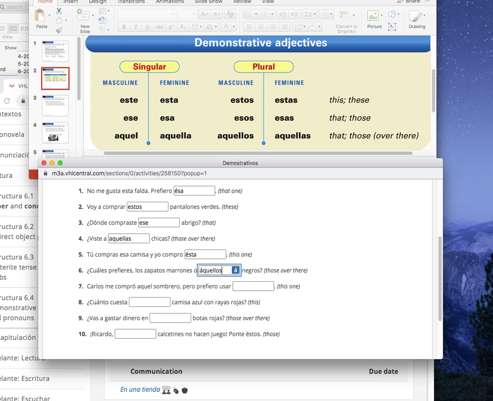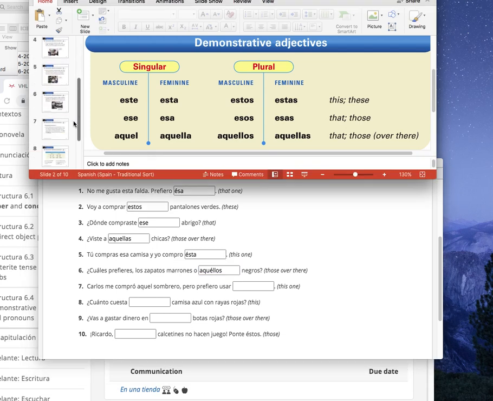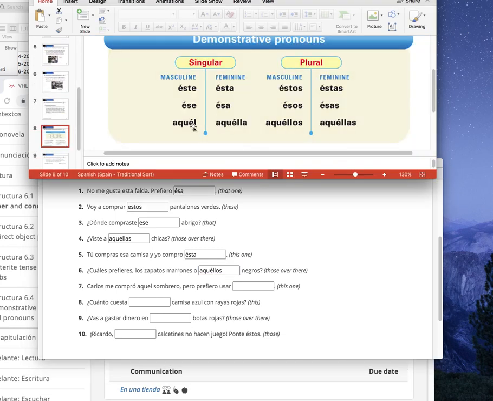So we'd say aquellos. Oops, and I'm sorry, the accent did not go on the A. That was my mistake. It goes on the E, of course. Aquellos. Right, so if we just go really quickly back to the PowerPoint, we see those here. See, the accent's always on the E, not on the A. Okay.